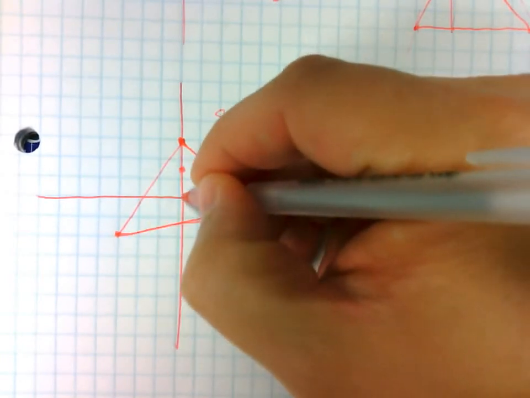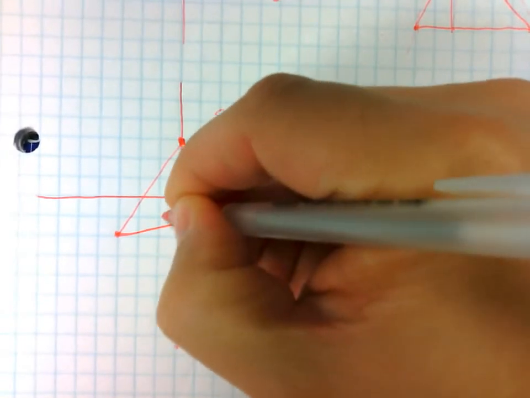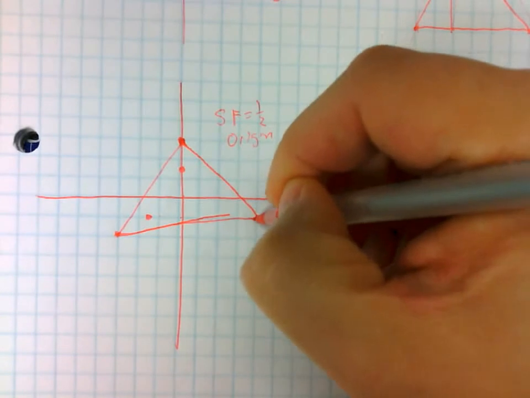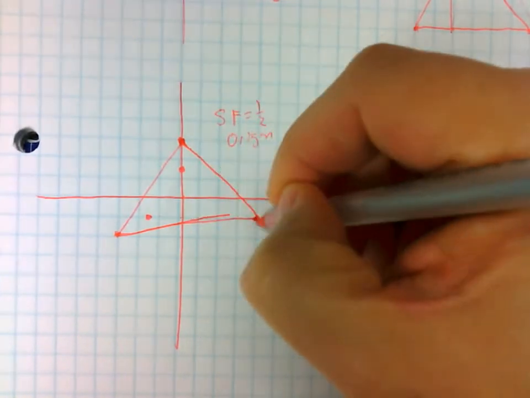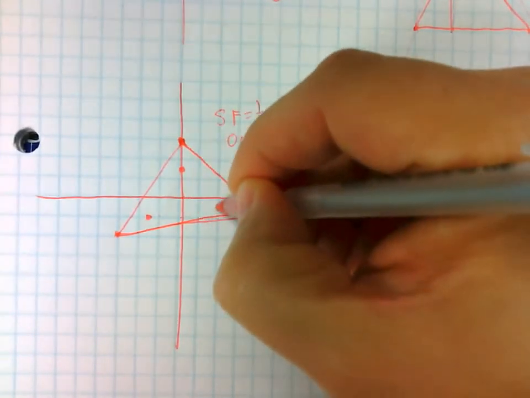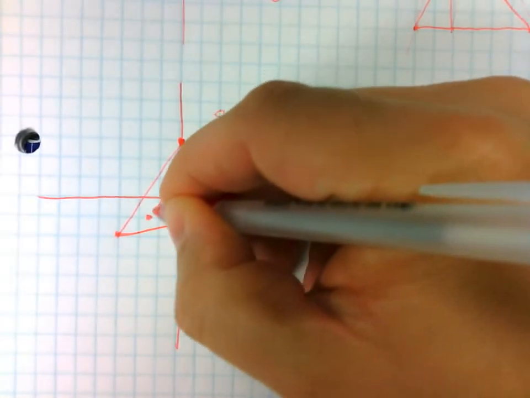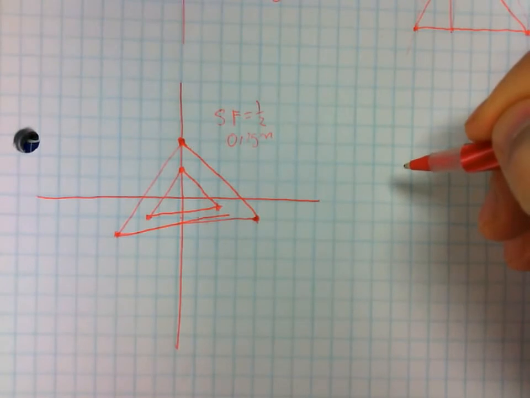Okay, so if I cut those distances in half, that's going to be down 1 and left 1.5. This point is down 1 and right 1, 2, 3, 4. So cutting those in half would be down 1/2 and right 2. Okay. So there's my new figure.